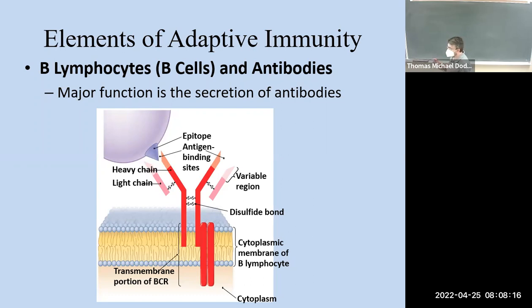Now, the point of this is to make enough different shapes in the hopes that when these cells come into contact with a foreign invader, whatever that shape may be, one of them on some of the cells will bind to a piece of a foreign invader. That's called the epitope. Does that make sense?